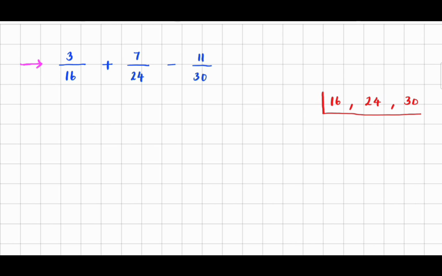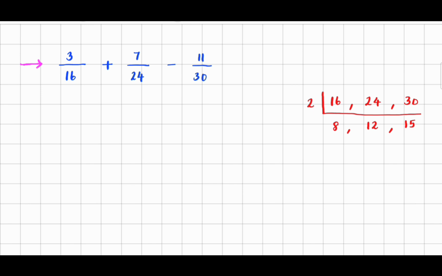For me, the only prime number that comes to my mind is 2. So we have 2 into 8 is 16. Then 2 into 12 is 24. And 2 into 15 is 30.